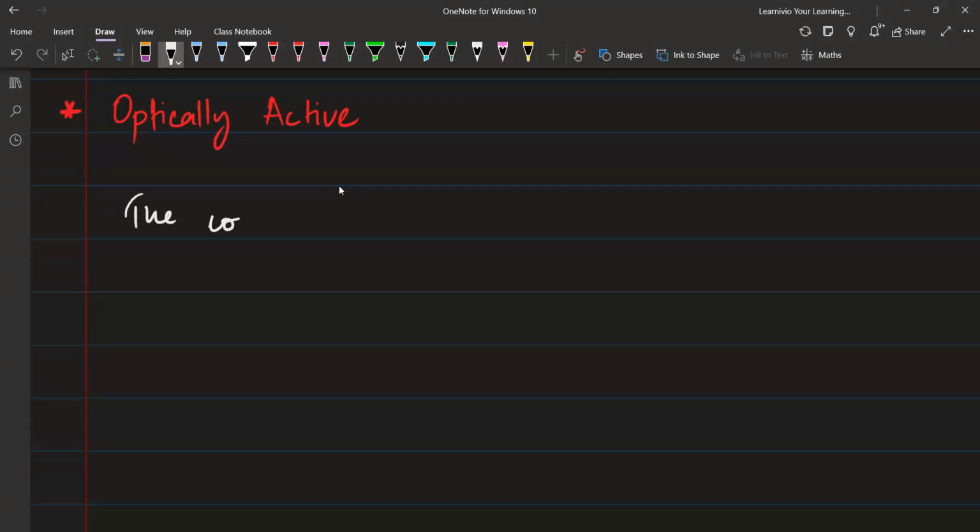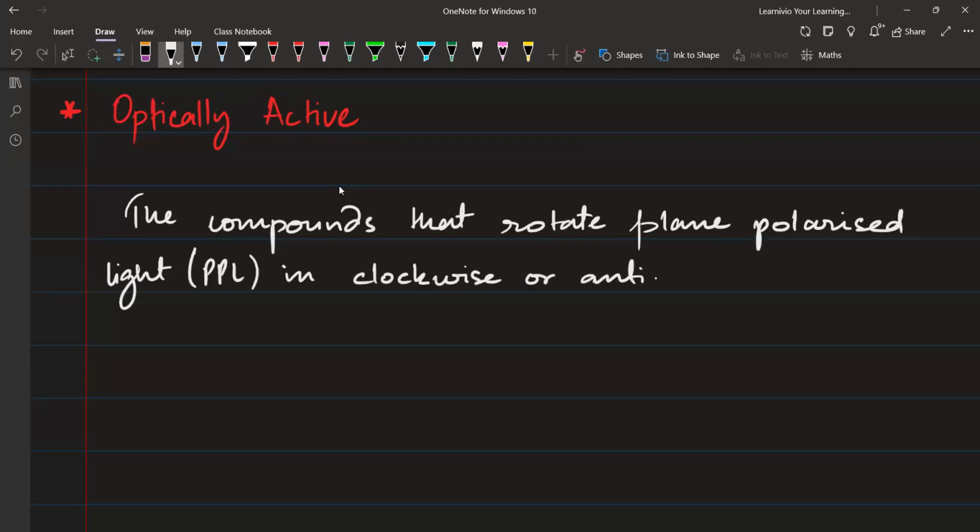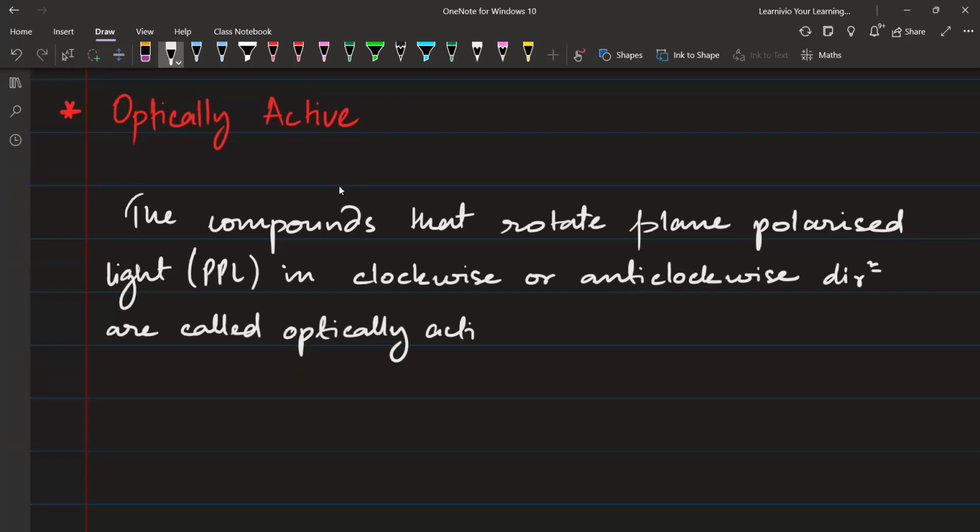The compounds that rotate plane polarized light, also known as PL, in clockwise or anti-clockwise direction are called optically active compounds.